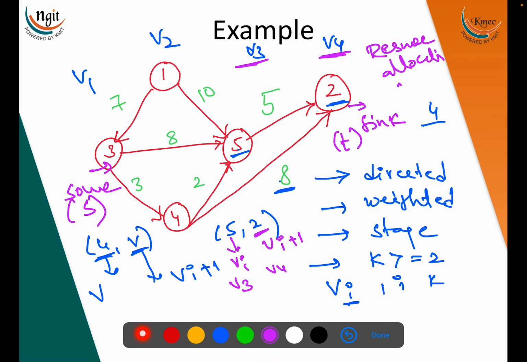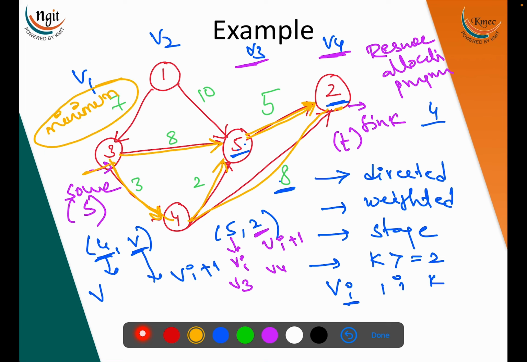So here there are various paths from source to sink, that you can see: 3 to 5 and 5 to 2, 3 to 4, 4 to 5 and 5 to 2, 3 to 4, 4 to 2. So there are various paths from source to sink. But what is the objective of this problem? The objective of the problem is that we have to select the path which is giving minimum cost.